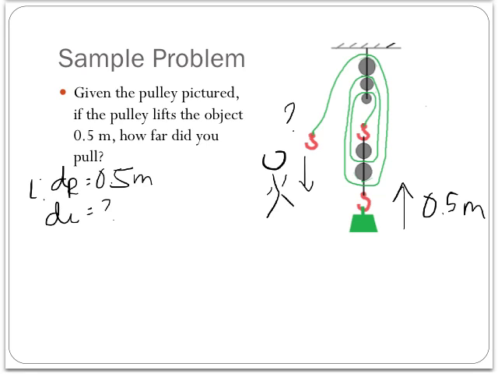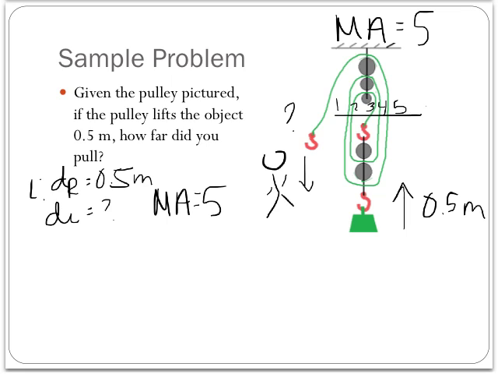Except you can go to our new mechanical advantage rule when looking at a pulley. Draw a line in the middle of the pulley system and then count how many strings you cross. 1, 2, 3, 4, 5. So that tells us mechanical advantage is 5 for this pulley. So MA equals 5. Yesterday, you learned a new mechanical advantage equation: mechanical advantage is also equal to your effort distance divided by your resistance distance. If you want to find dE, you just have to multiply by dR to get rid of it.